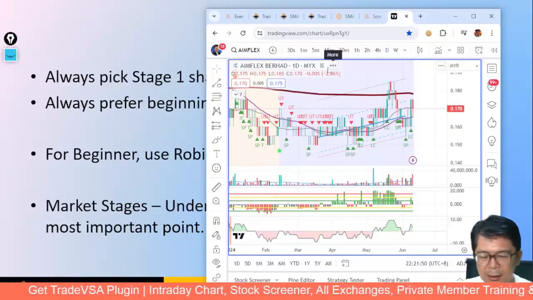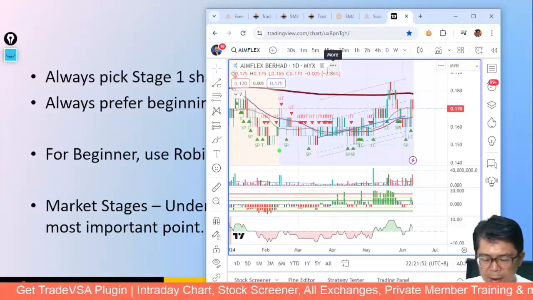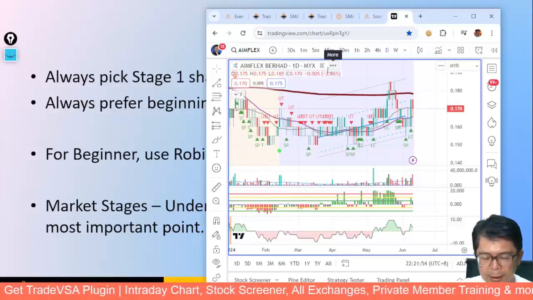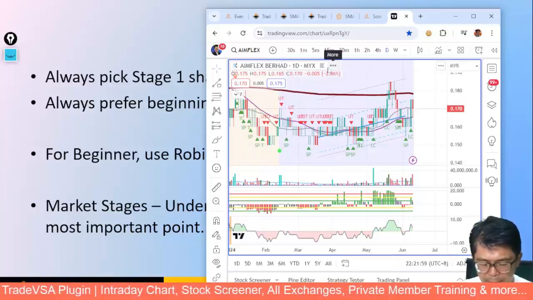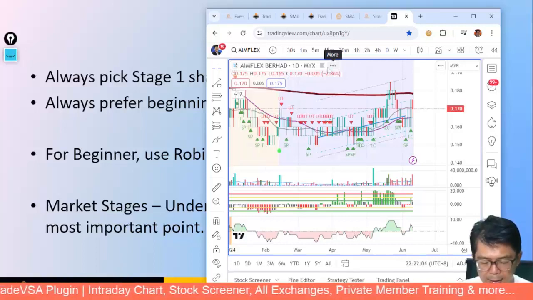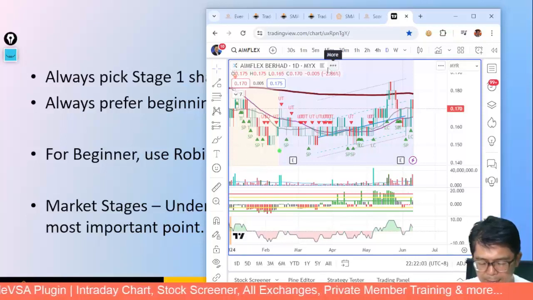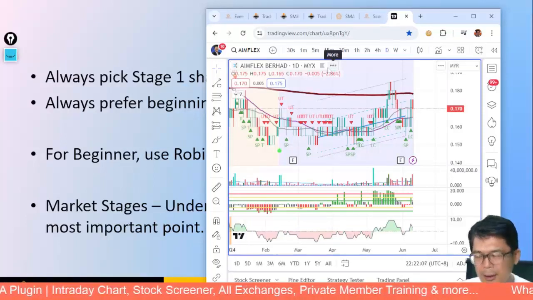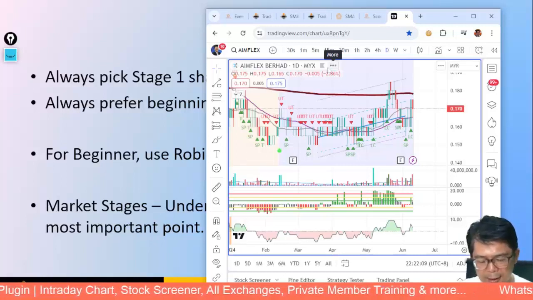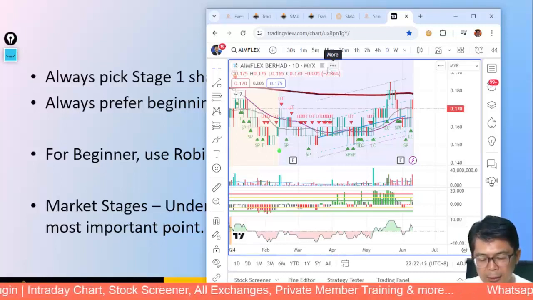All right, let me see if I have MFlex here. Check out the fundamentals. Okay, I'll just go to MFlex. Check out the fundamentals first. But anyway, this kind of stock below 17 cents is easy to manipulate.